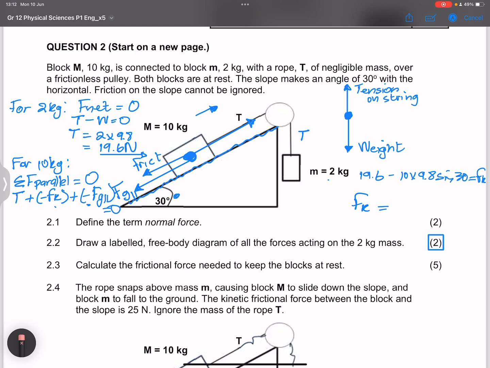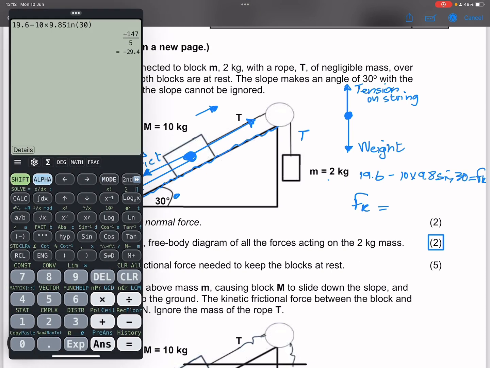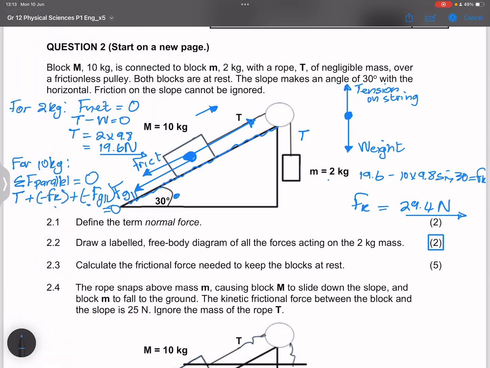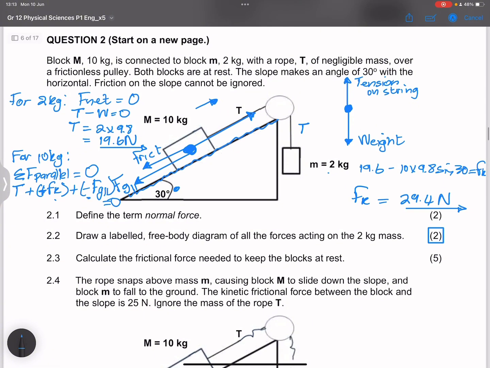So the friction there is 29.4 newtons. That tells me that when I was calculating there, friction actually should have been in the positive direction, since I chose up the incline as positive. However, we're looking for the magnitude of the frictional force, so that must be 29.4 up the slope.